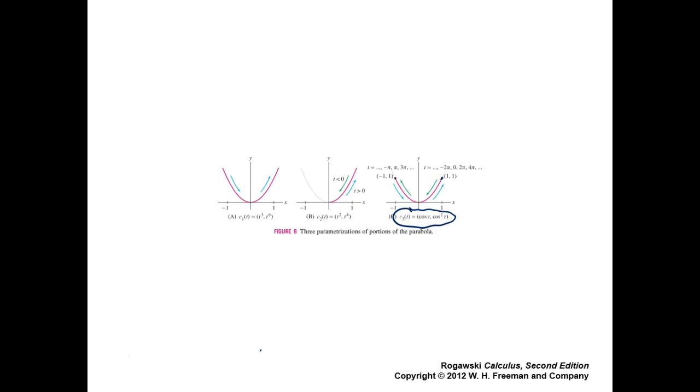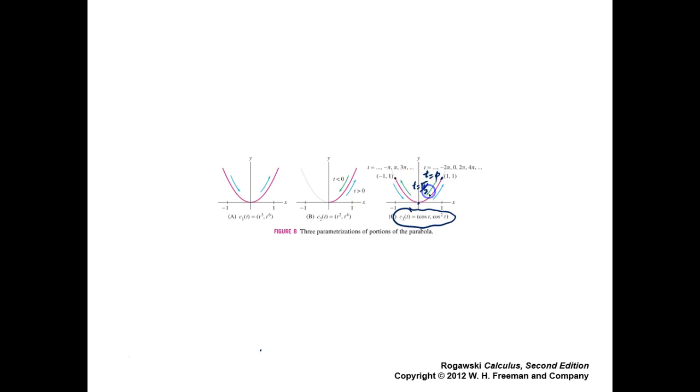Okay. At pi halves, where are we, Waldo? 0, 0. Okay. So from 0 to half pi, we've come down the green arrow here. So this is t equals 0 to t equals pi halves.